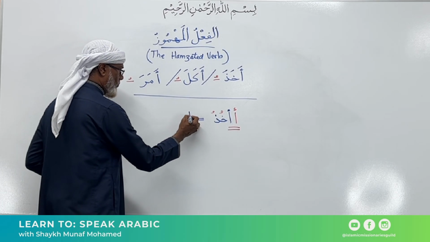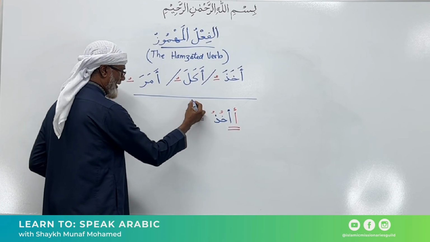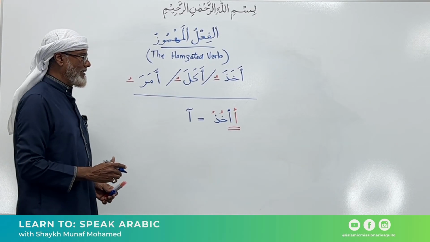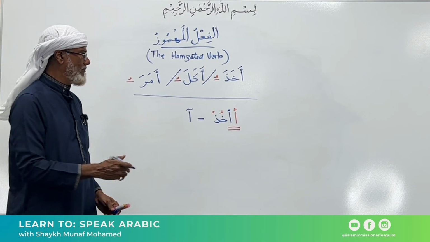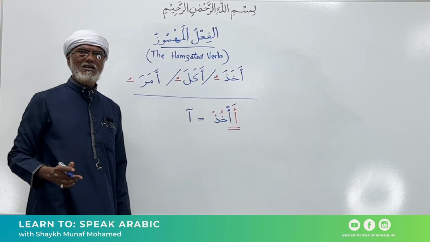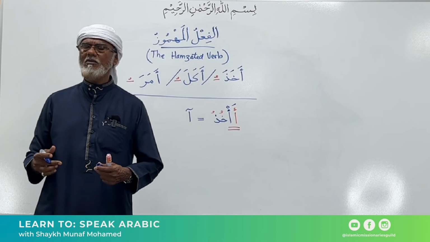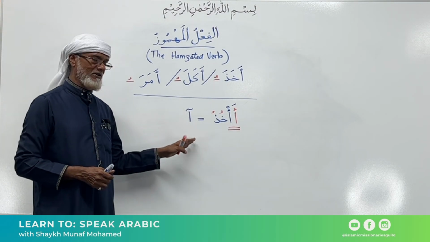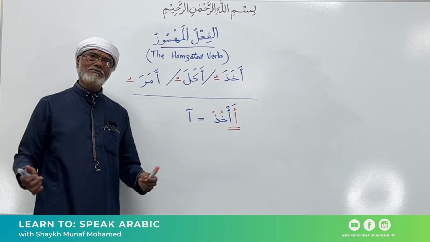So they write it one time and they put a mad like that. So that means you go ah, instead of saying a'khudhu with a sukoon, which takes a bit of effort. To make it less effortful, you just say ah. It's easy.